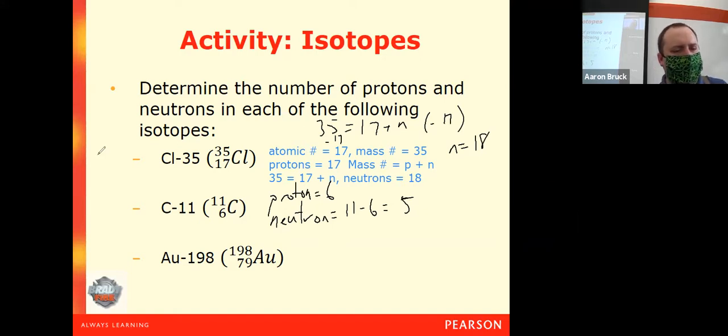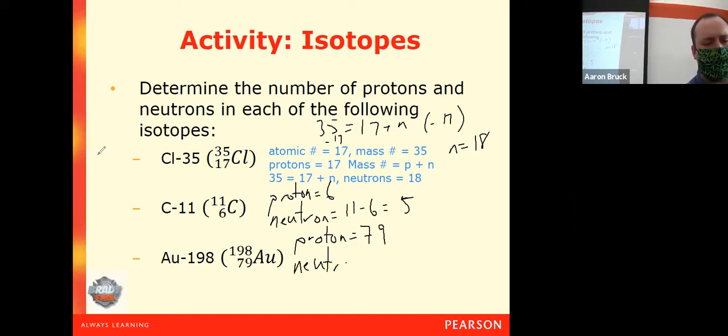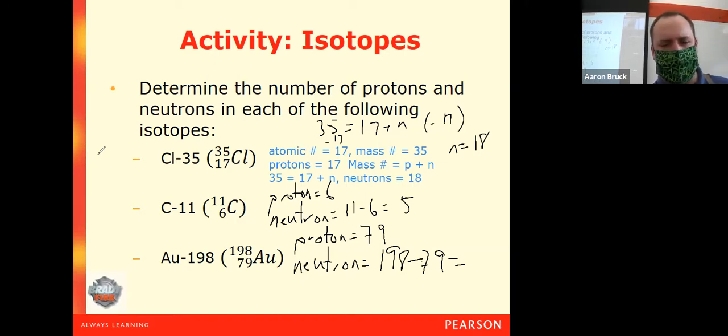For gold 198, the atomic number of gold is 79, so the protons would be 79. My neutrons would be 198 minus 79, which would be 119.